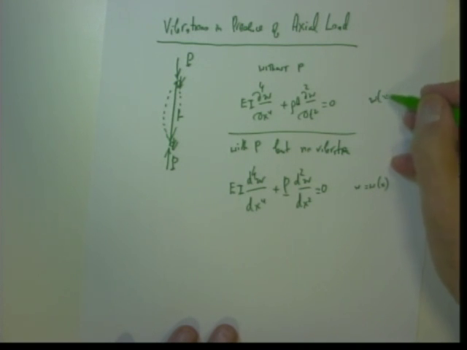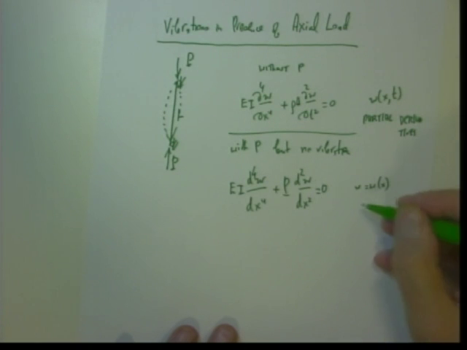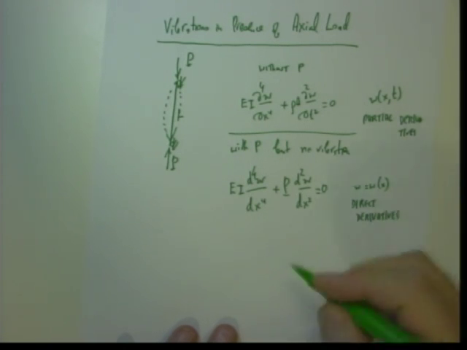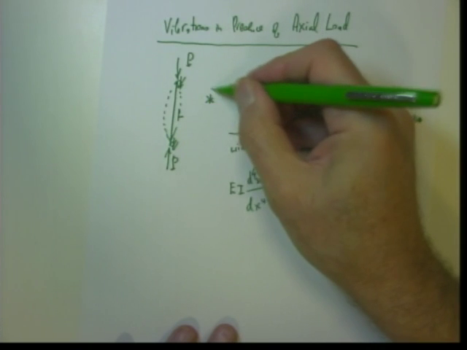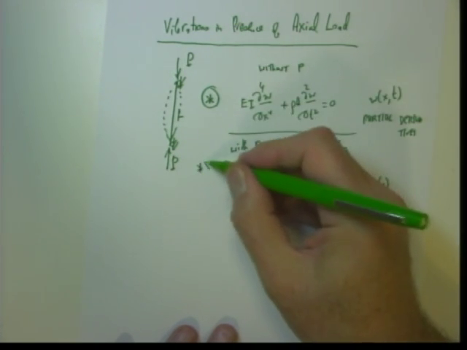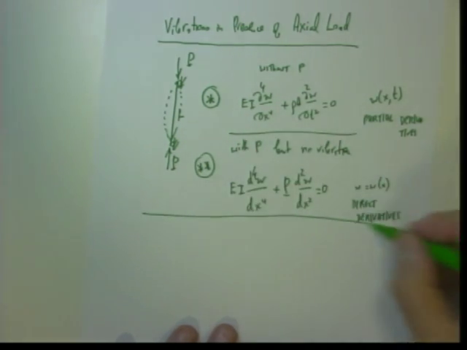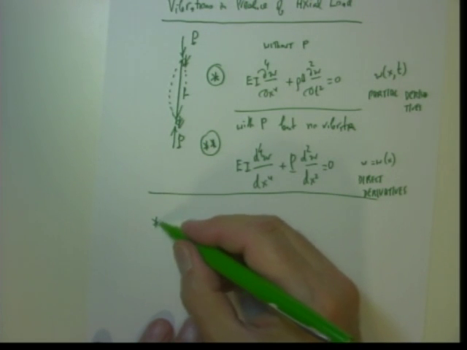Here, W is a function of x and t, so therefore partial derivatives; here, direct derivative. Let us call this problem star, this problem double star. And then there is triple star, if you want.